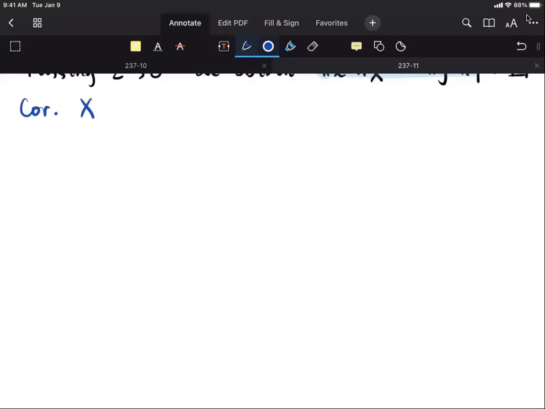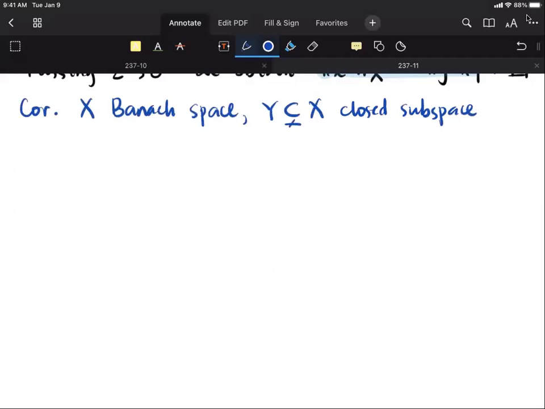So let us consider X a Banach space. So we now have completeness. Y a closed subspace that is not equal to X.